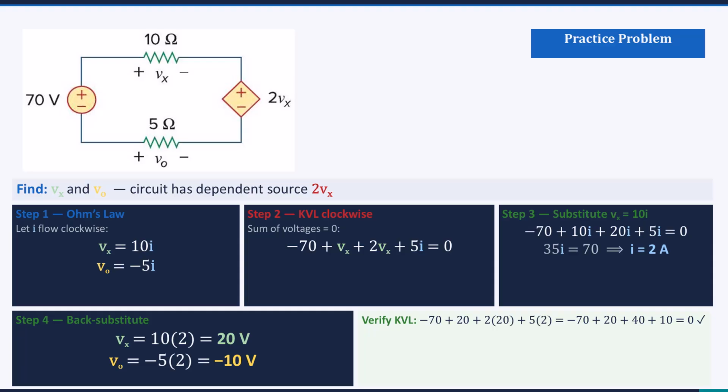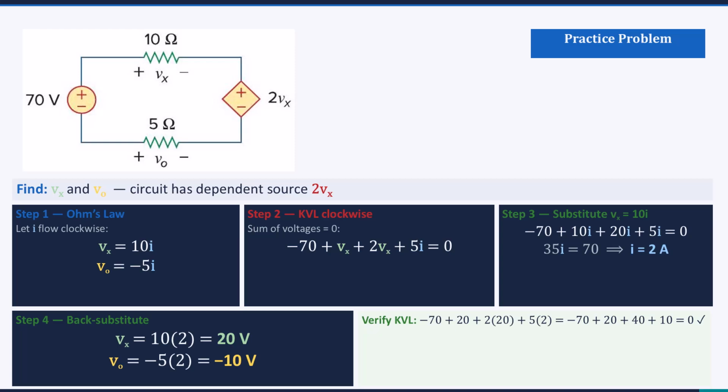Step 3. Substitute Vx equals 10I. -70 plus 10I plus 20I plus 5I equals 0, giving 35I equals 70, so I equals 2 amperes. Step 4. Back substitute. Vx equals 10 times 2 equals 20 volts.